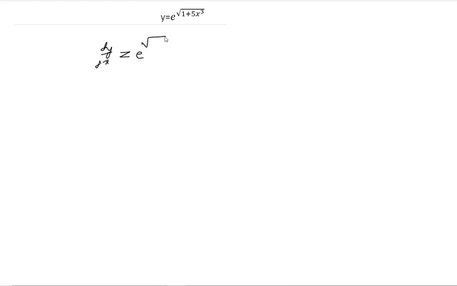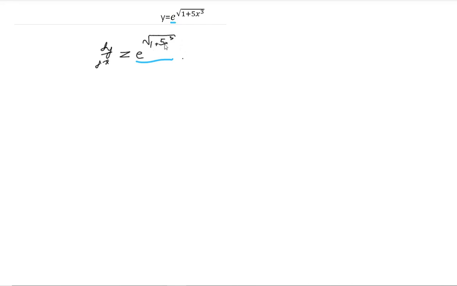Doesn't matter what it is, it stays the same, as long as it's e. But now, since there's a function inside of a function, we need to take a second derivative here. Now we need to multiply the derivative of this inside part. So I'm going to underline this in blue and underline the e here.